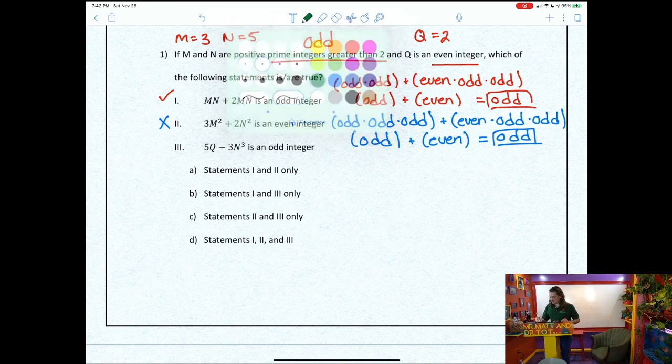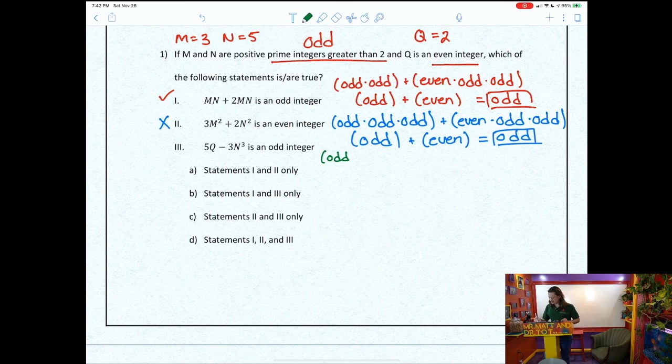Statement 3, 5, which is odd, times q, which is even, minus 3, which is odd, times n cubed, which is just 3 odds times itself. So an odd times an even is going to be even.